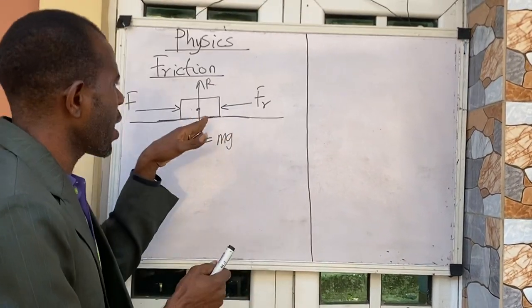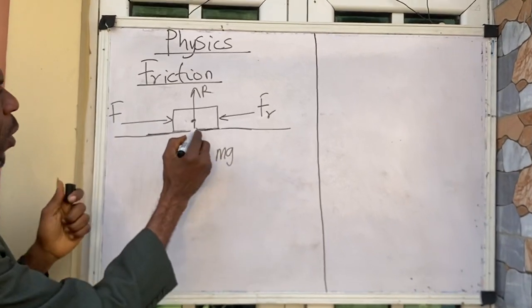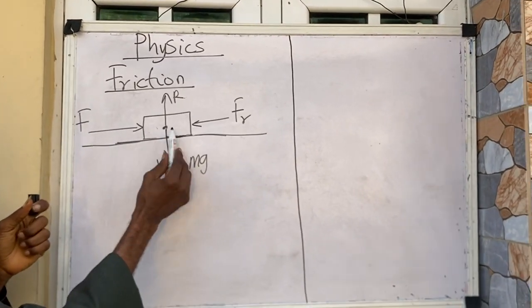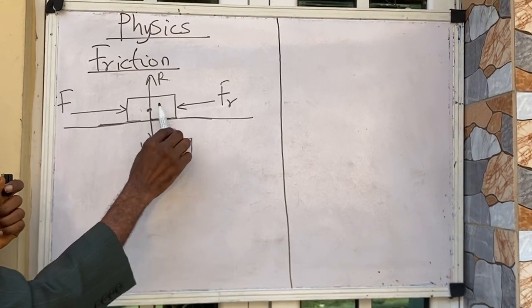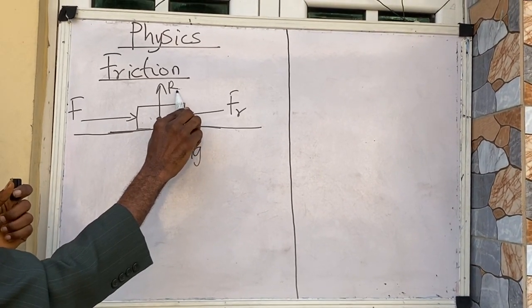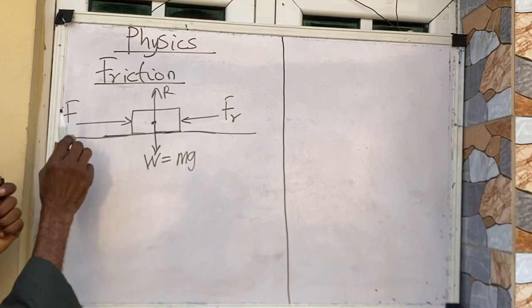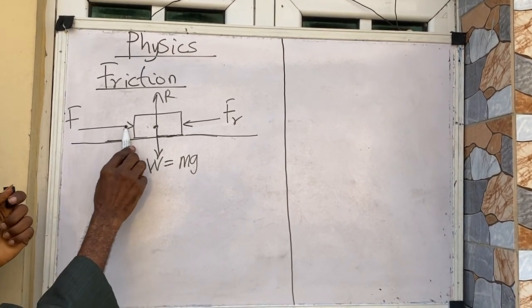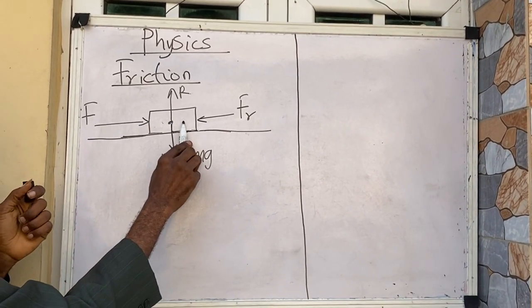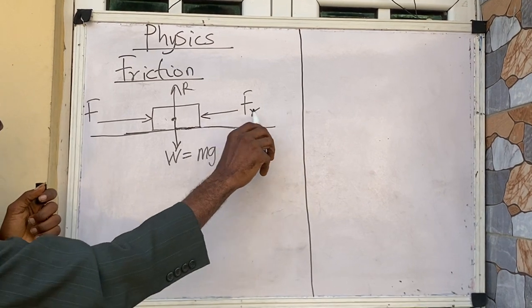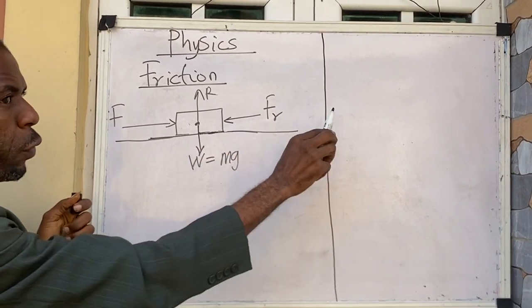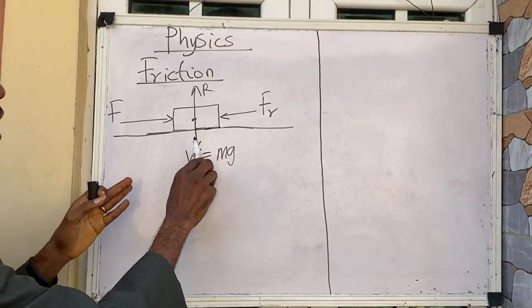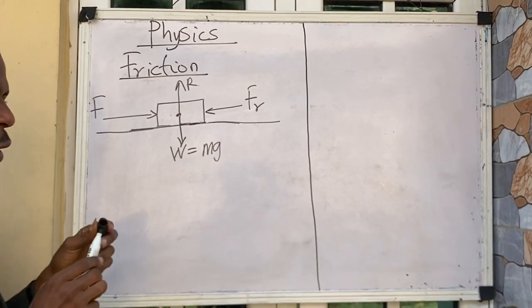So the surface here is also exerting a reaction on this body, and that reaction is called R. We call it a normal reaction, and F is the applied force, which must overcome this frictional force before the object can move. So this is in the case of a plane surface.